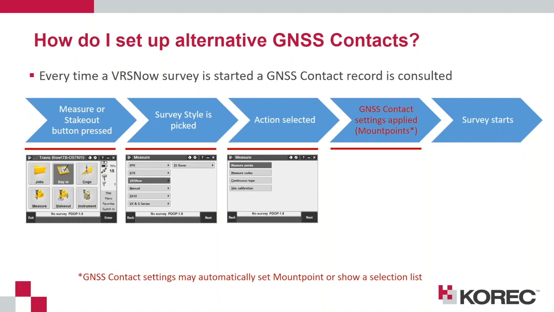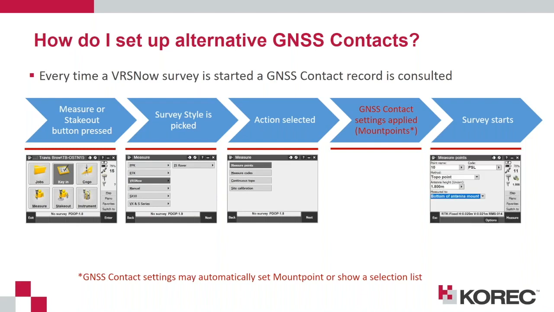At this stage, Access is going to check whether a mount point has been pre-selected within that GNSS contact record, or whether it needs to present a pick list to the operator. And once that mount point's been selected, either automatically or manually, then the survey action requested is going to begin.